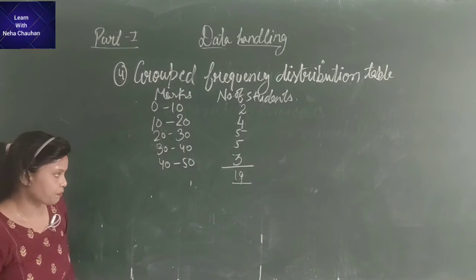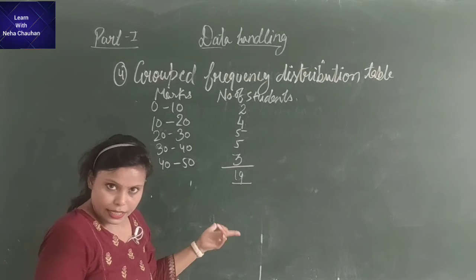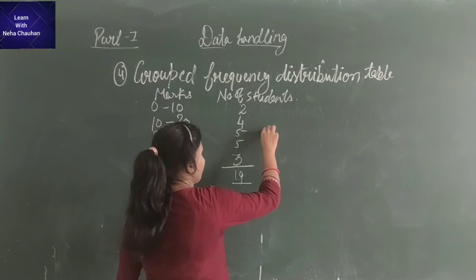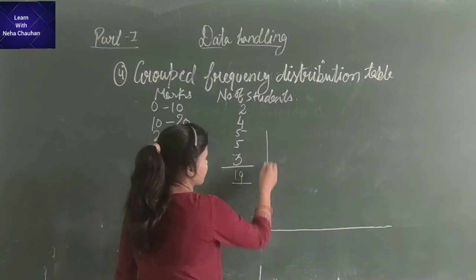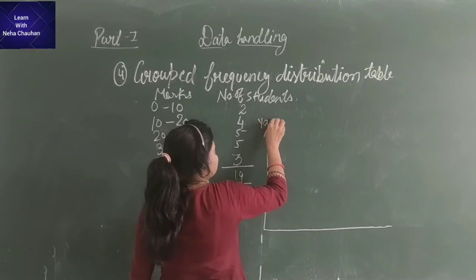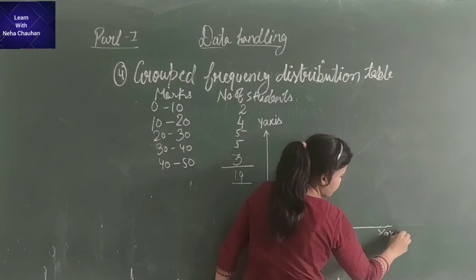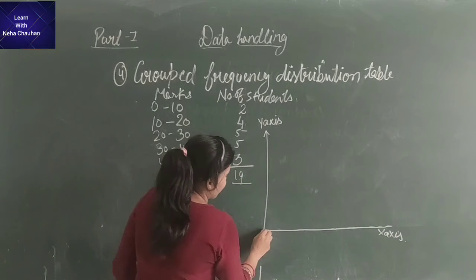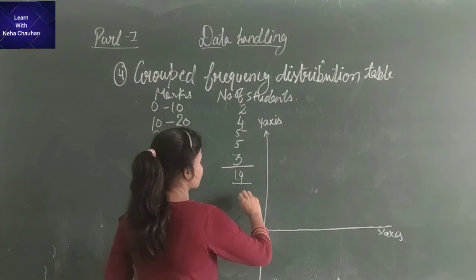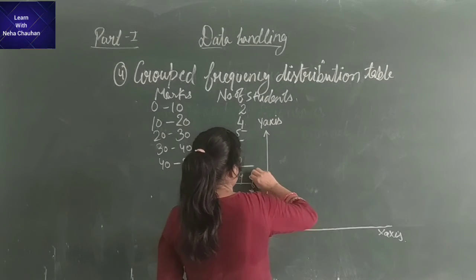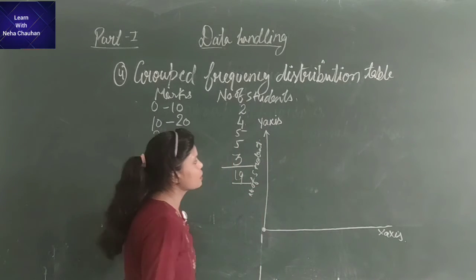All right, if I need to represent this data in the bar form, how we will represent it? So y-axis and x-axis. Okay, here I am going to write number of students. So my interval will depend on this.